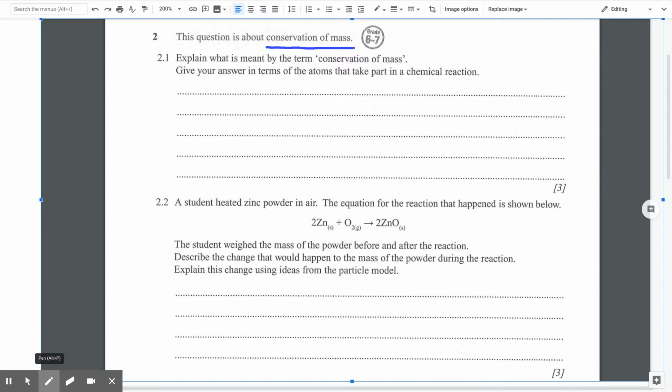So if we imagine that we have a particle A having a certain mass, we'll just make these numbers up, say 5 grams.